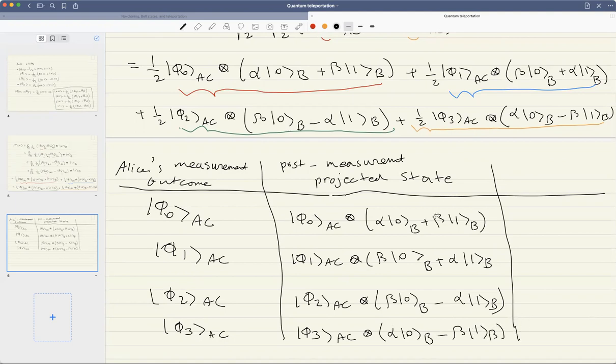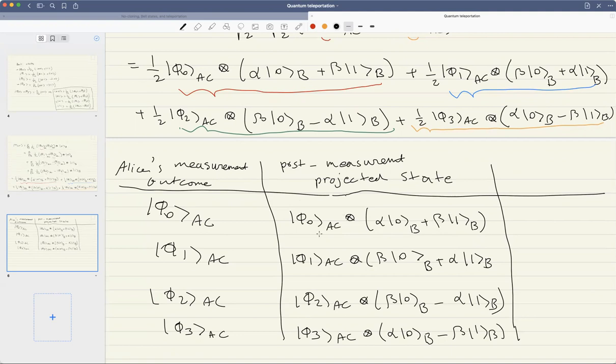So now each of these is a tensor product of something for AC and just a single qubit state for B. So that means that after this measurement, B is not entangled with the rest of the system. The state of the whole system is just a tensor product of something for B with something for the other stuff.